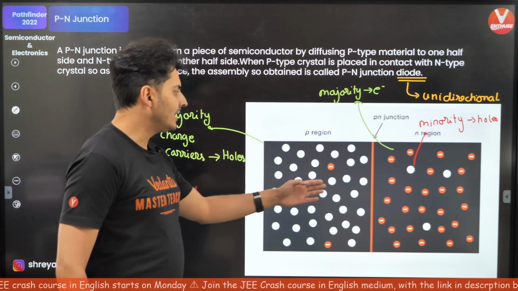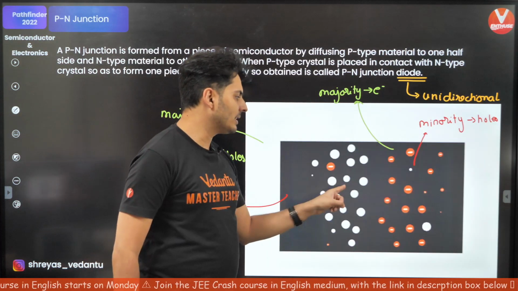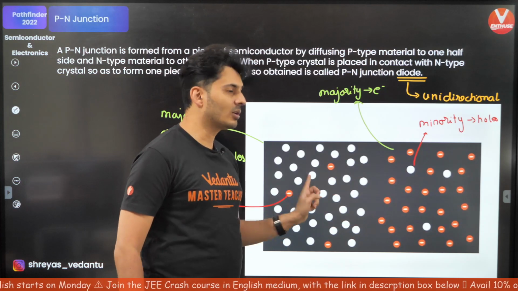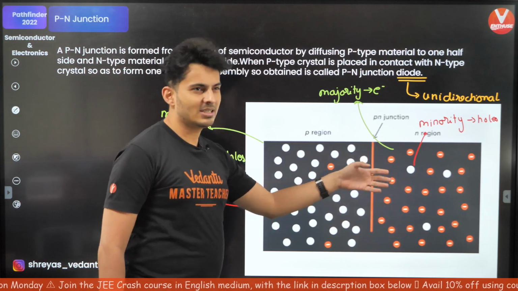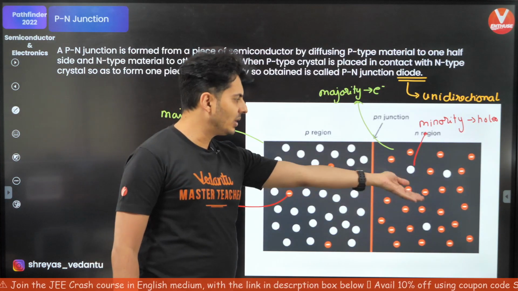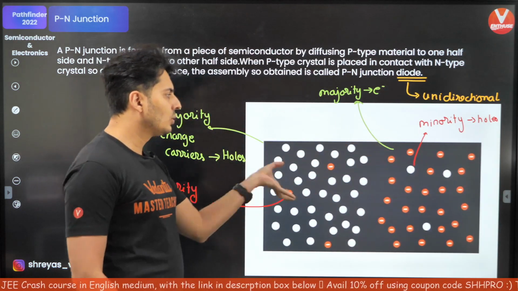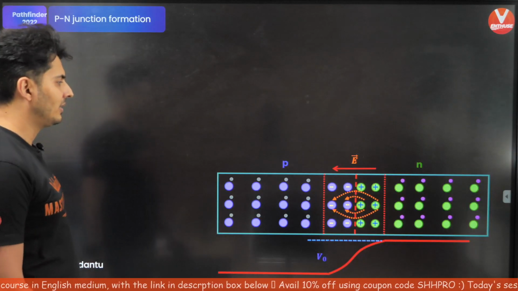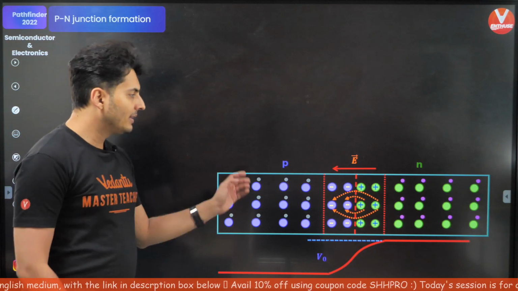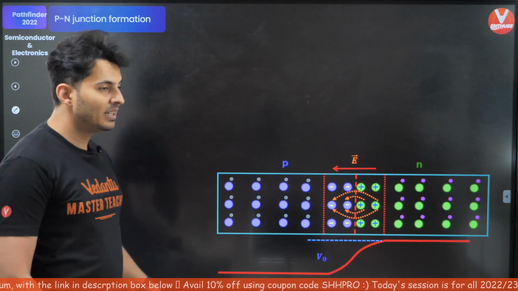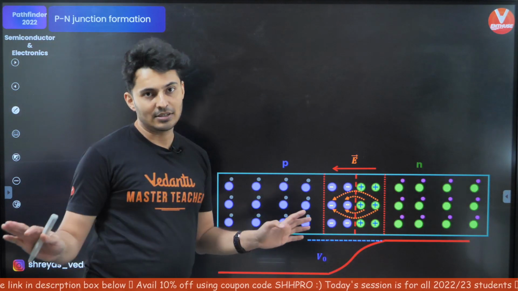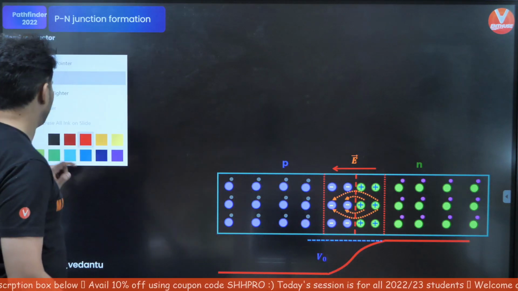Now one can easily see that these electrons will immediately jump from here to here. There could be a few electrons which jump the other way, but obviously most of them are going to jump from the n side to the p side. They are going to conquer it. Now the moment they jump, things change drastically, and that's what I want you to understand.